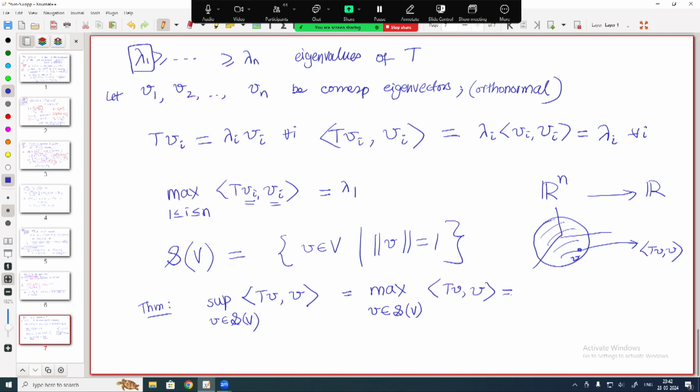I claim that that is exactly this largest eigenvalue lambda 1. The first equality that I have written is just this compactness argument, that the supremum is attained, so I can replace the word supremum by the word maximum if I want. But the content of the theorem is really the second equality, that this maximum value is equal to lambda 1. Is the statement clear?